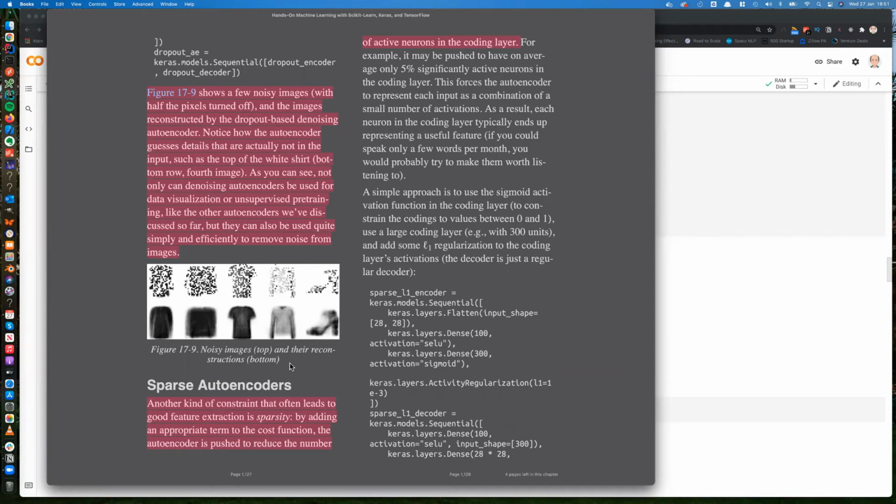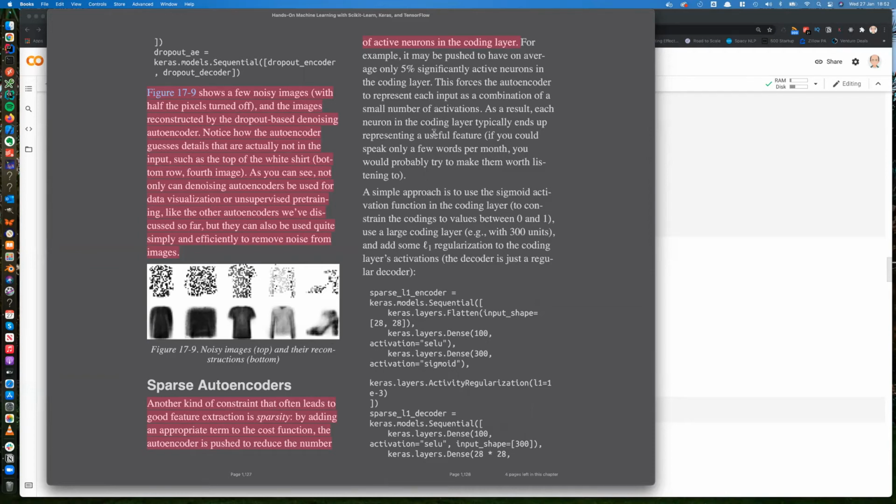One way is to limit how many neurons are actually active, to see if we can get better latent representations. For example, it may be pushed to have an average of only 5% significantly active neurons in the coding layer. This forces the autoencoder to represent each input as a combination of a small number of activations.